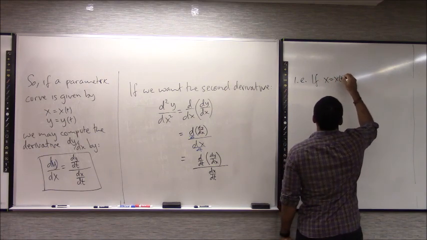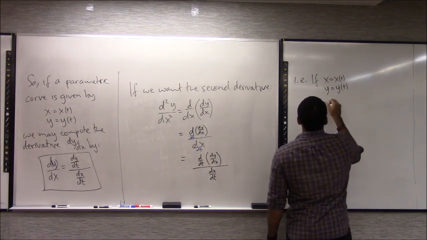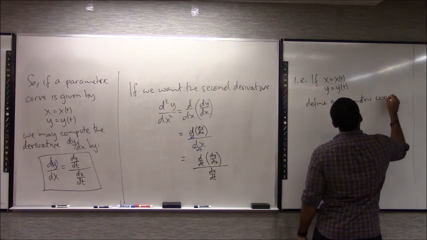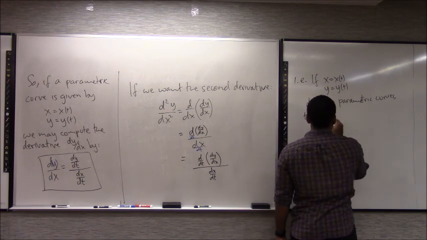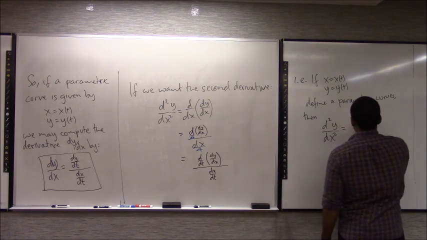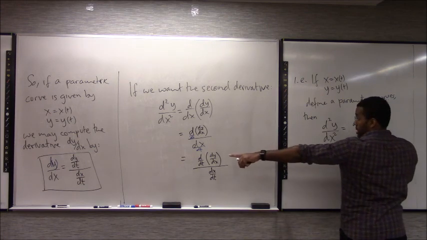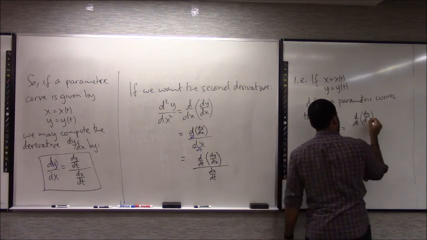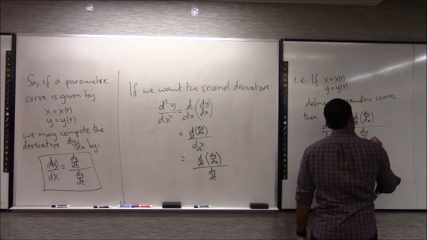If x equals x of t and y equals y of t define a parametric curve, then we can find the second derivative of y with respect to x by taking the first derivative with respect to t of dy dx, where this is found via that formula, and divided by dx dt again.